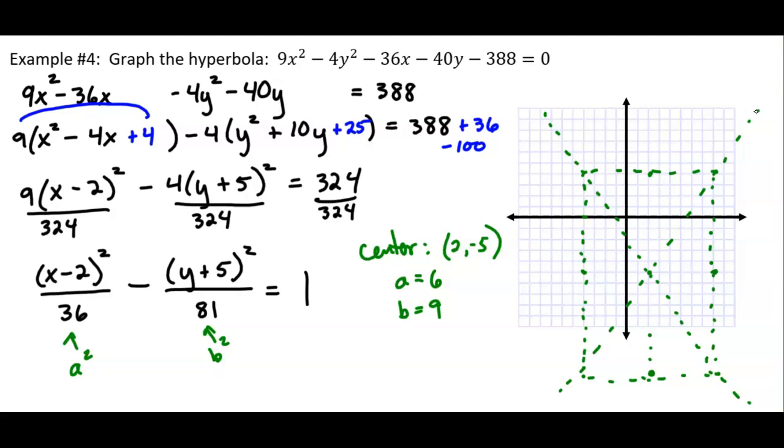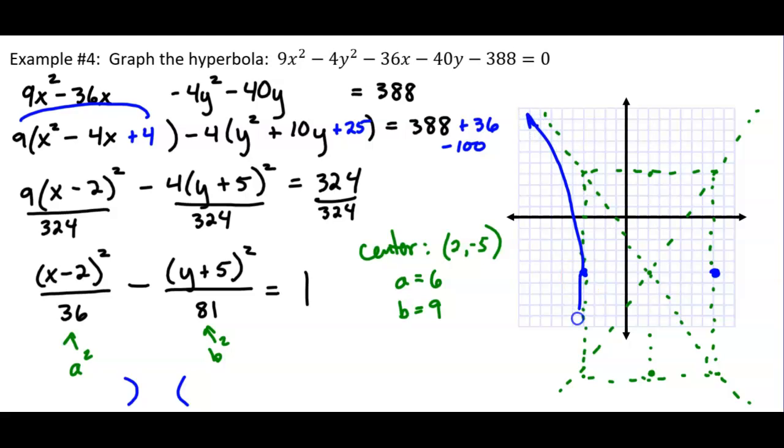Now we have this box, we have the asymptotes. We have to know though, is it going sideways or is it going up and down? In this case, because the x squared is positive, it's going to be going this way. So I'm going to find those vertices that I kind of have covered up with my box, and then I just try to draw it toward the asymptote.